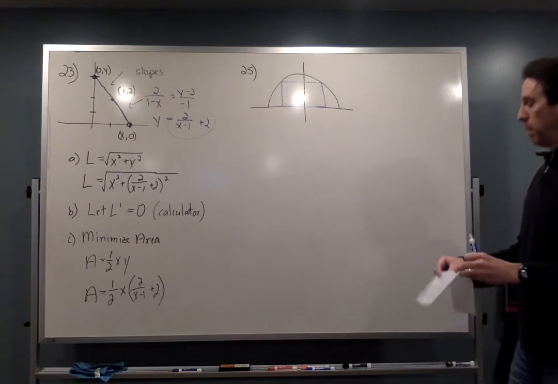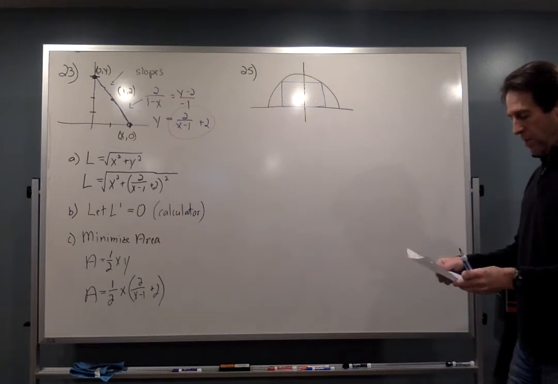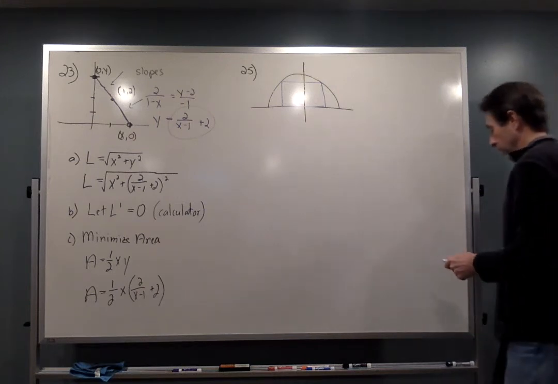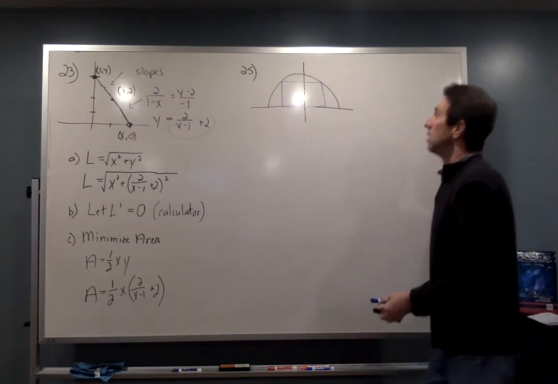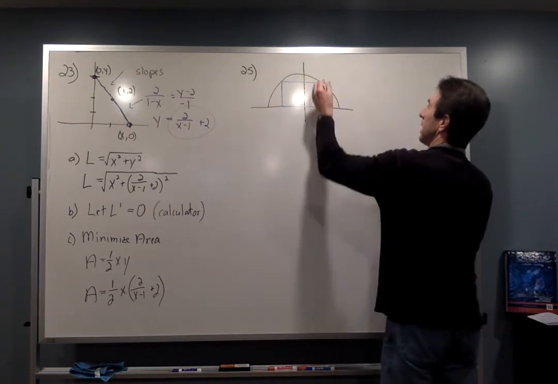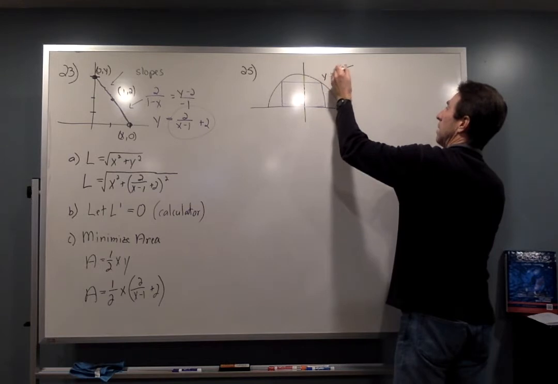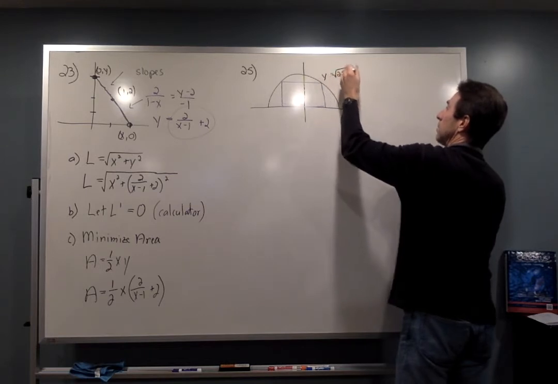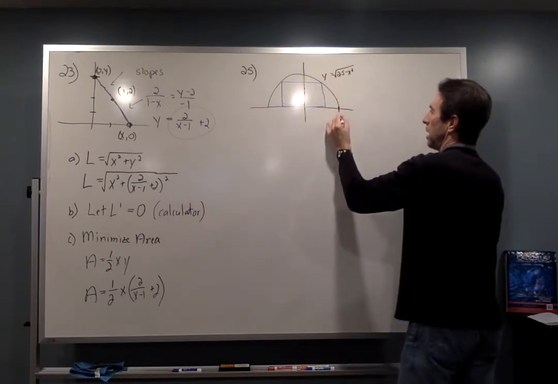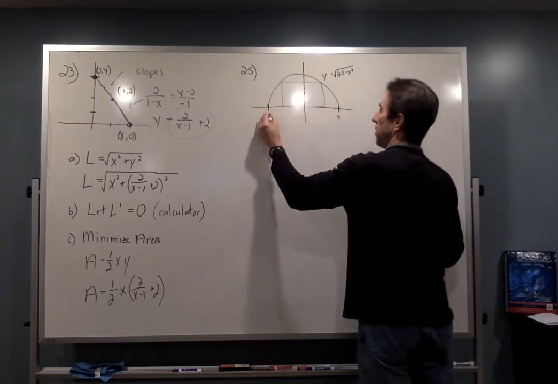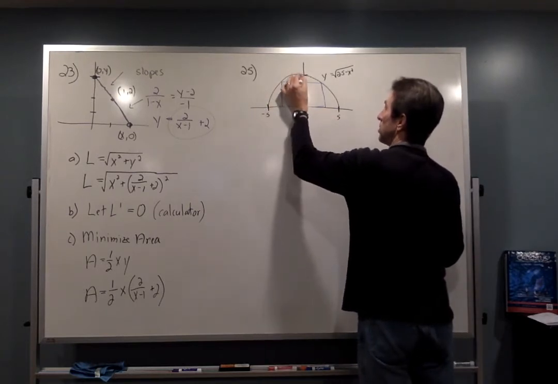Well, if we take a look at the equation of this circle, or semicircle, we are given that it's going to be the square root of 25 minus x squared, meaning that this is 5, this is negative 5, this, of course, is 5.